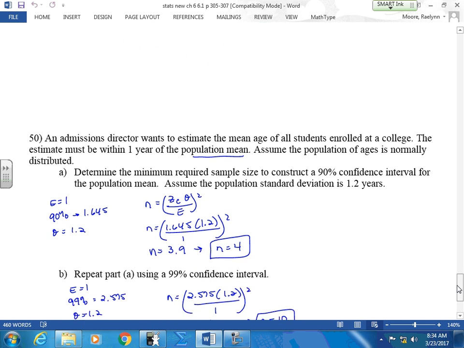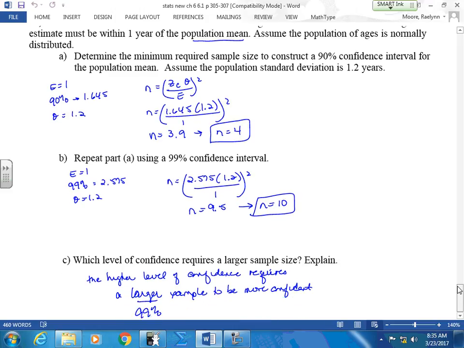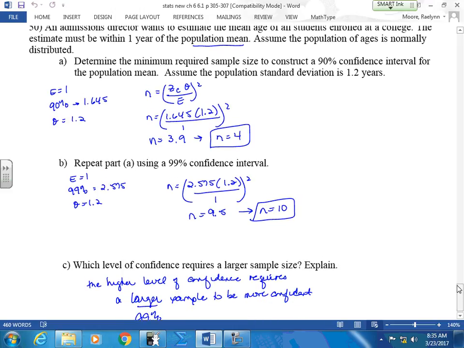And the last one, 50, that some of you guys didn't like. Again, how do I know what I'm looking for? I'm looking for a sample size. Determine the minimum required sample size. Sample size is n. Pull up your n formula. Don't put the 90 in, put the z-score for 90.